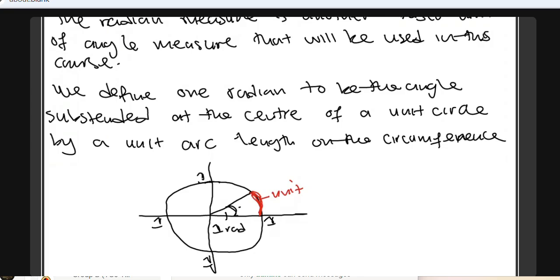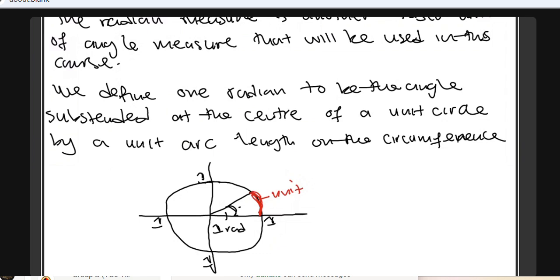So it is the angle subtended at the center of a unit circle by a unit arc length on the circumference. Okay? So this is 1 radian.